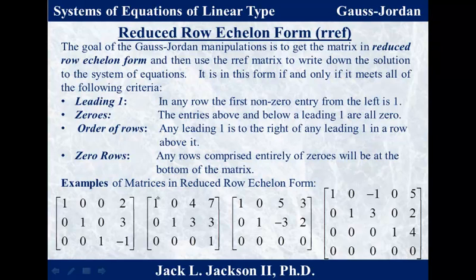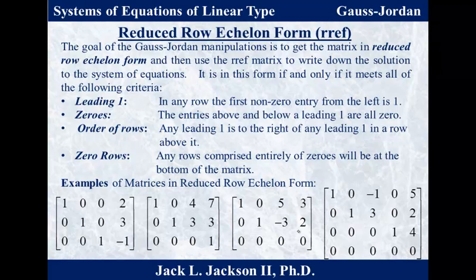You can get a situation like this one where you get a leading 1 here and here, and then it just so happens that the next leading 1 skips over one, so it goes over here, one here. Leading 1s here and here, nothing. So each time you go down a row, the leading 1 goes one or more places to the right. You never have leading 1s on top of each other or going back to the left.